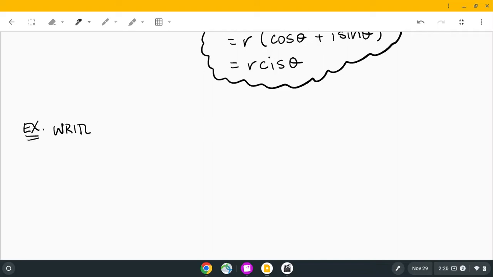Suppose we want to write this complex number, z equals 1 plus i square root 3, in trig form.